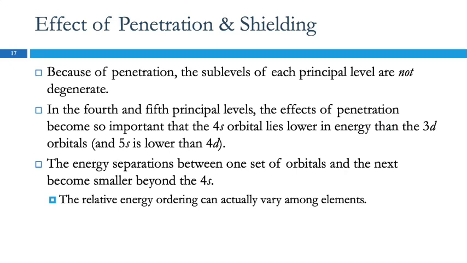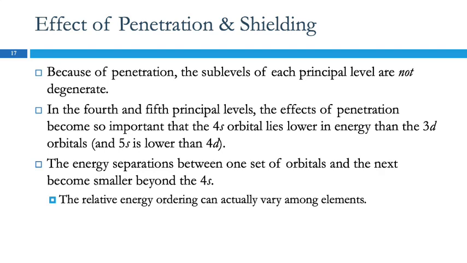So it's because of that penetration, those s orbitals being able to get in close or kind of get inside the other orbitals, that the sublevels of a given principal energy level are not the same. And in fact, the further you go, the more it affects things.